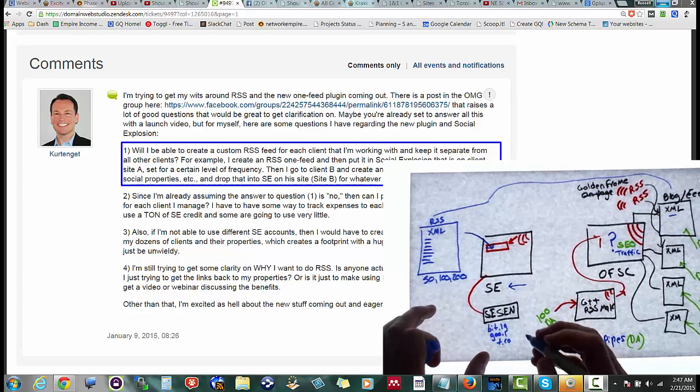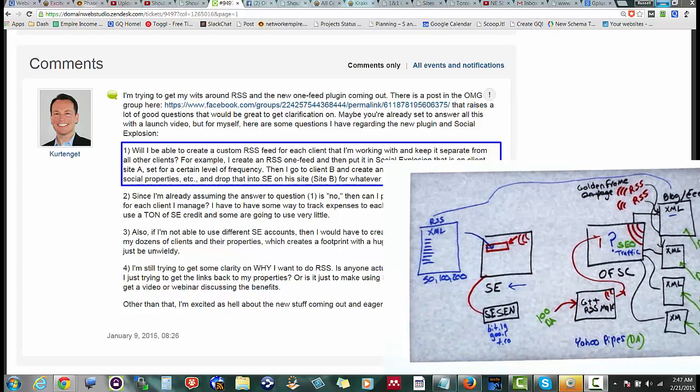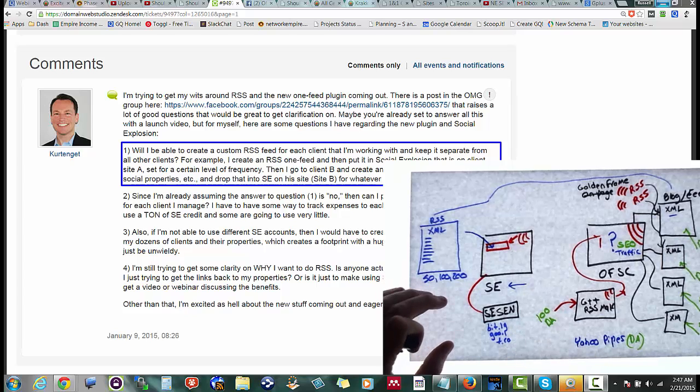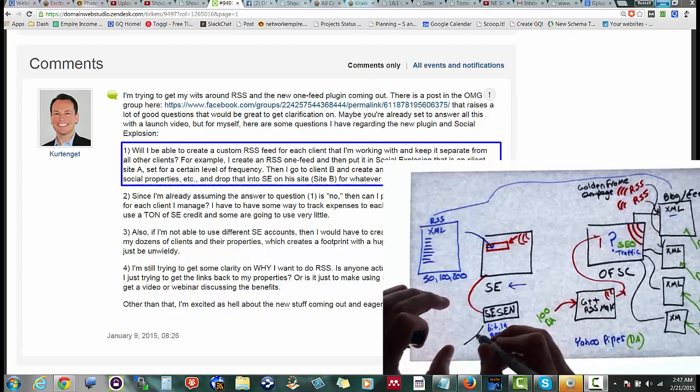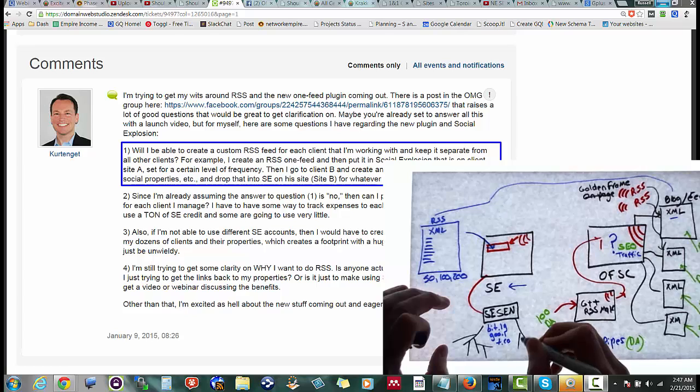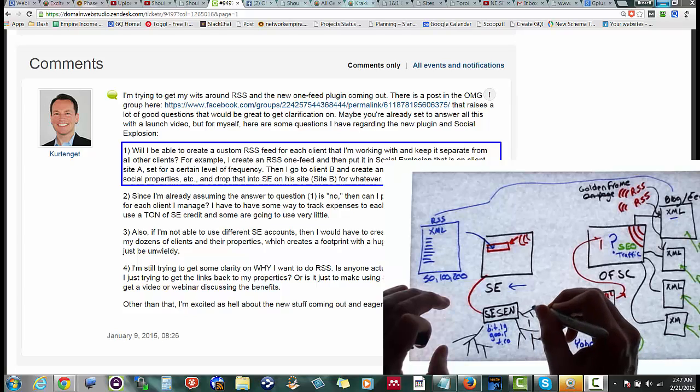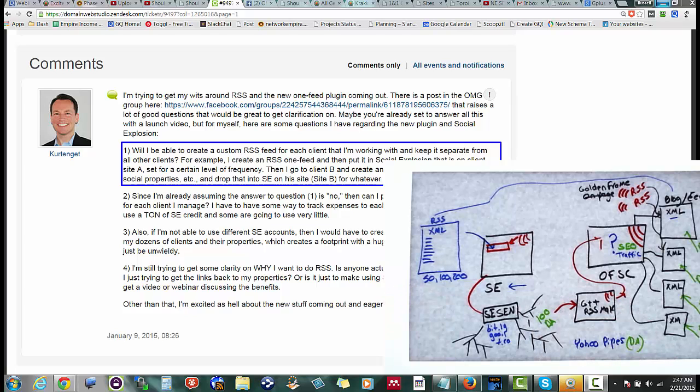And it goes out to a massive number over a period of time, depending upon what you've decided with the Social Explosion calculator. It's going to go out to literally a huge branch of social locations. These are accounts that you don't have to set up. That makes it different than OnlyWire or all these other, or If This Then That, because these accounts already exist. They exist without you, and they are of various qualities.